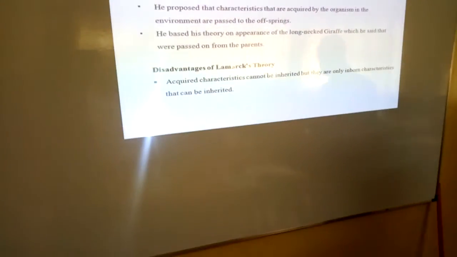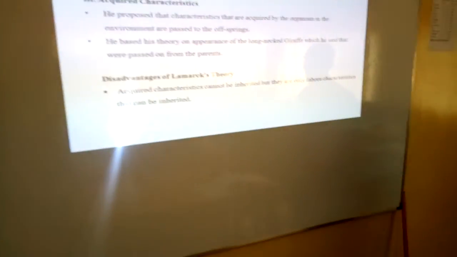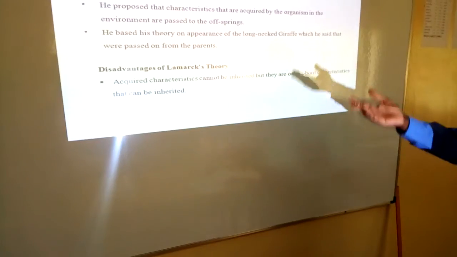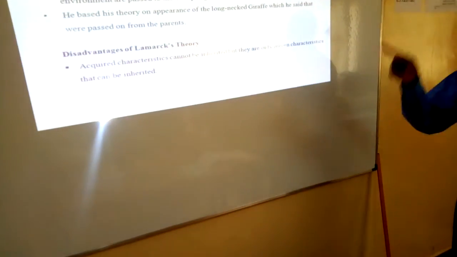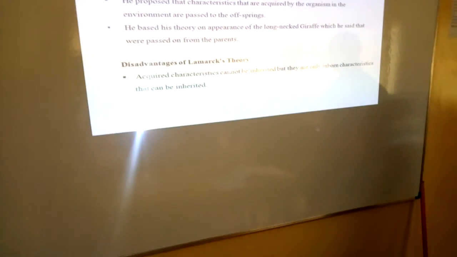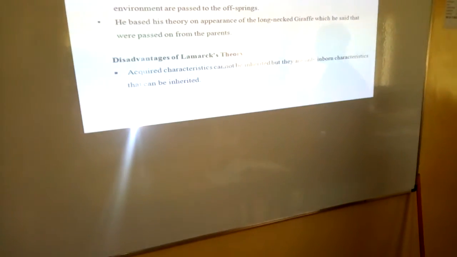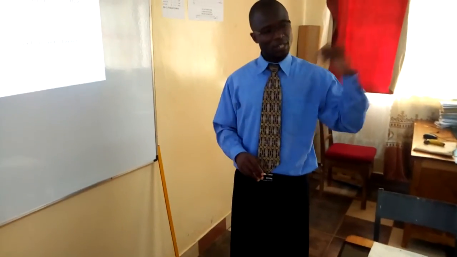Disadvantage. Other scientists disputed Lamarck's theory. They did not agree with him, for a reason: they say that acquired characteristics cannot be inherited, but only inborn characteristics can be inherited. Meaning that if somebody steals because of circumstance, it does not mean that is his or her nature.